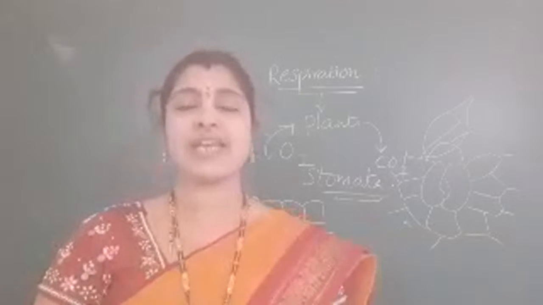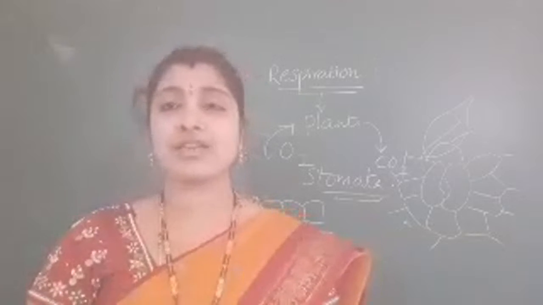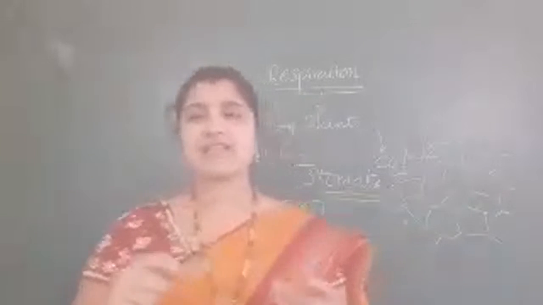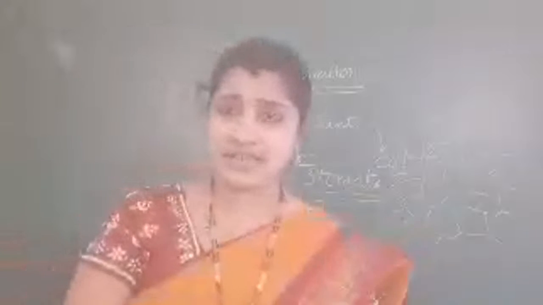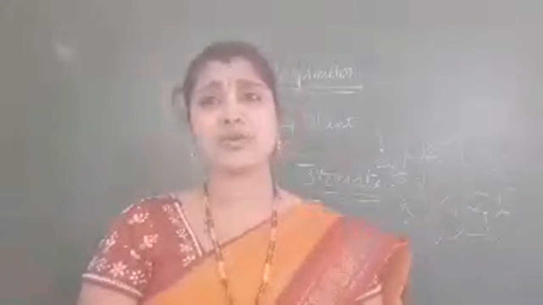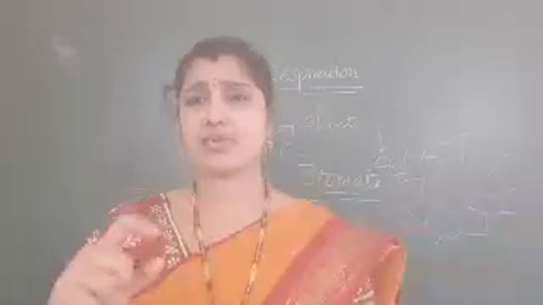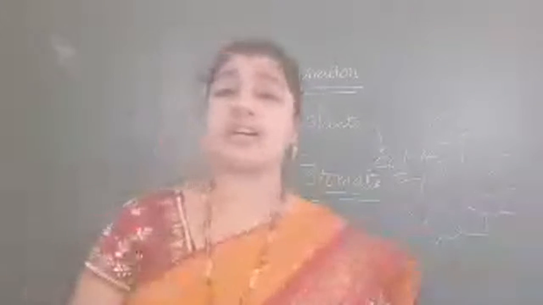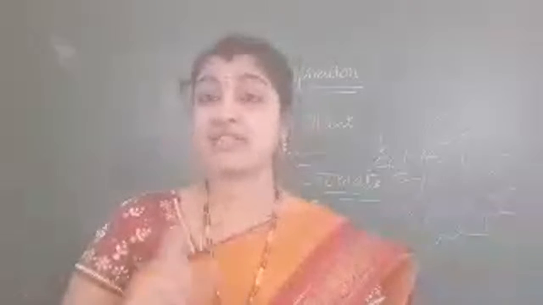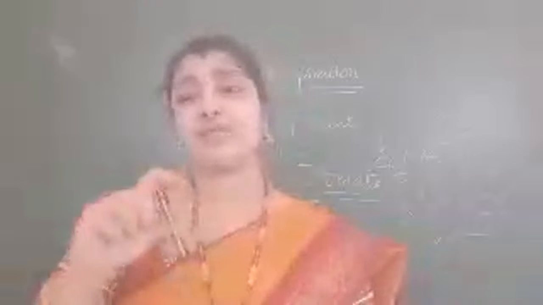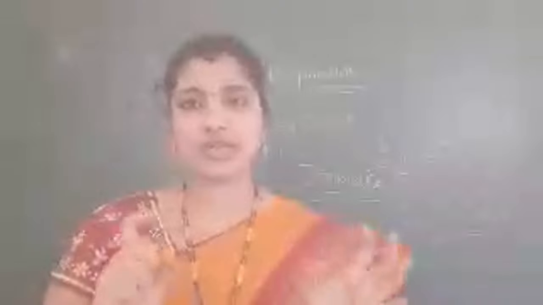So here one experiment is there to prove that plants release carbon dioxide. In 7th class science, we have conducted an experiment to prove that CO2 is released, and also in acids, bases and salts you have done an experiment that CO2 is released.